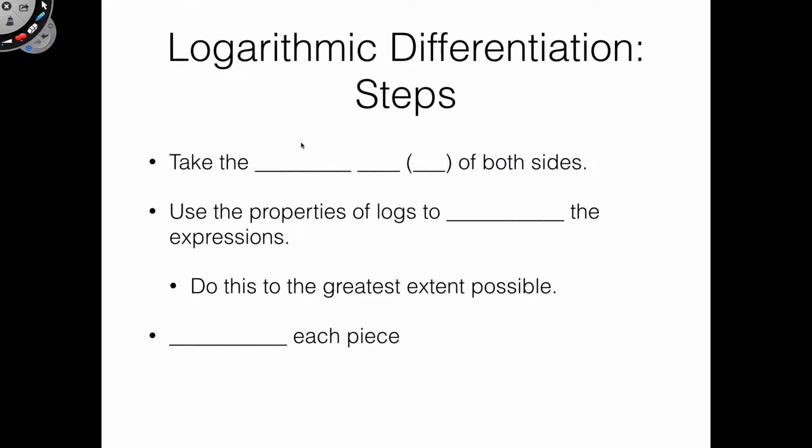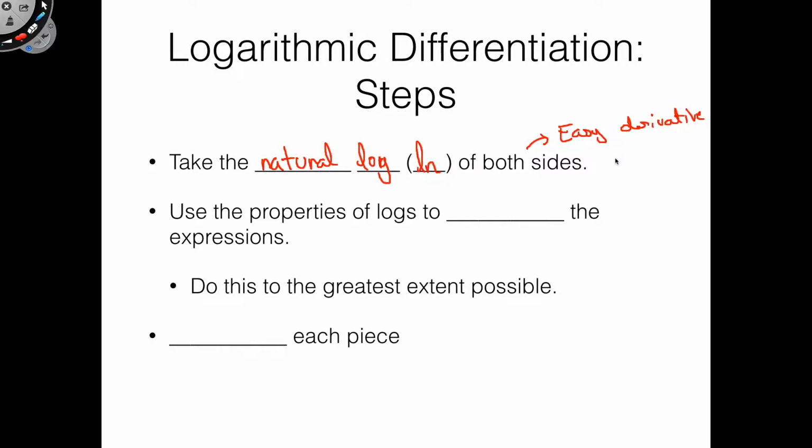So here are the steps for what we do when confronted with logarithmic differentiation. First thing you do is you take the natural log of both sides, and this is ln. And why ln? Well, it's an easy derivative, right?